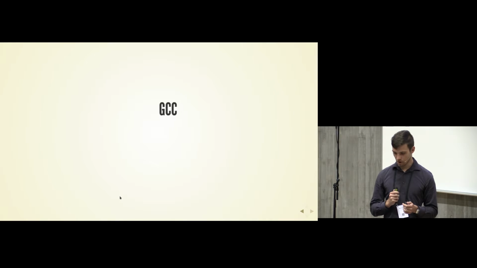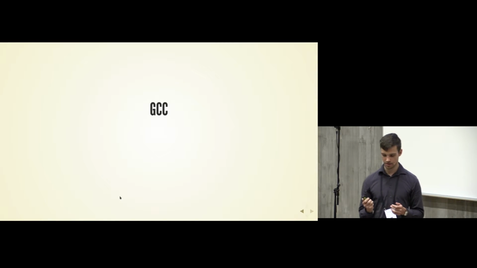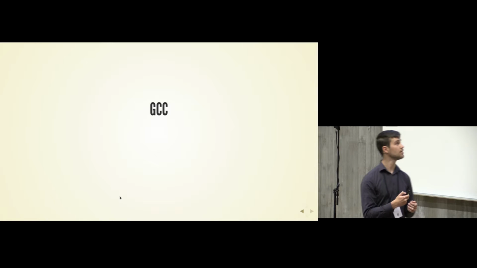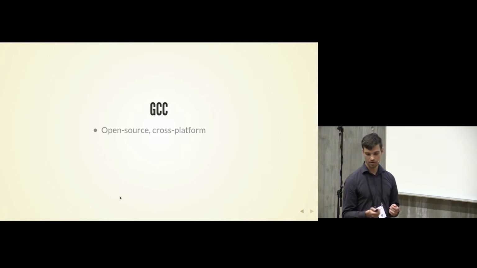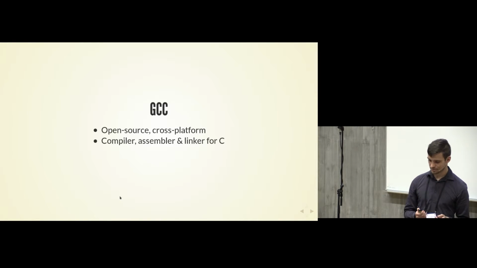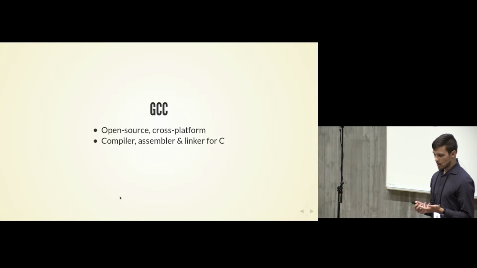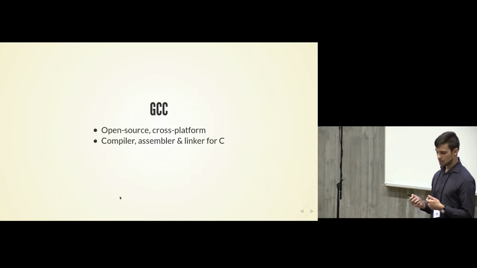So now I've parsed the file, and I need some tools that will allow me to actually build the firmware. So one of these tools is GCC. It's a compiler toolchain. It's open source and cross-platform. There is the C compiler, assembler, linker for C, C++ and other languages.